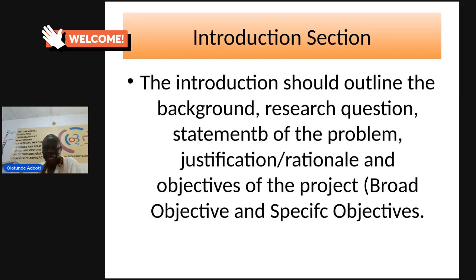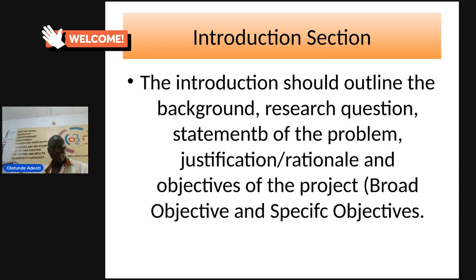These objectives are divided into two aspects. The objective, which is called broad objective, is usually just one. Then the second one, which is always specific. These are particularly going to be like a minimum of four.